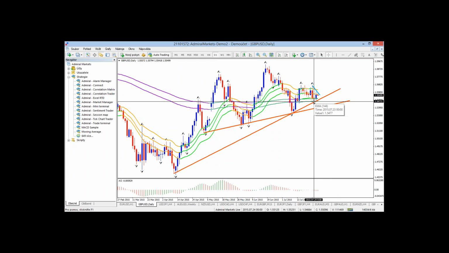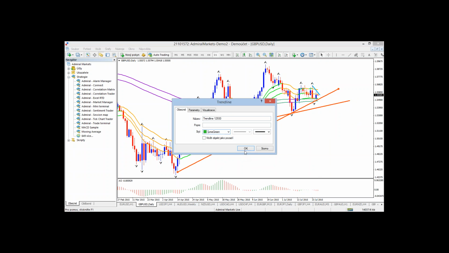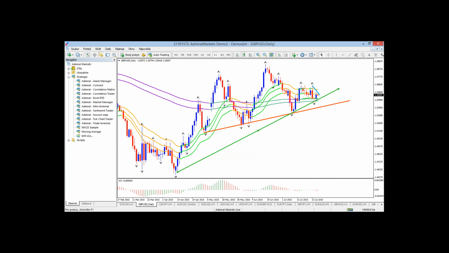This one, right? This green one? Yeah, the green one is a good trend line too.